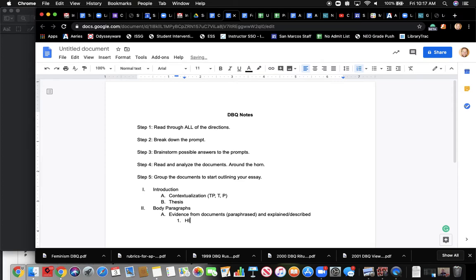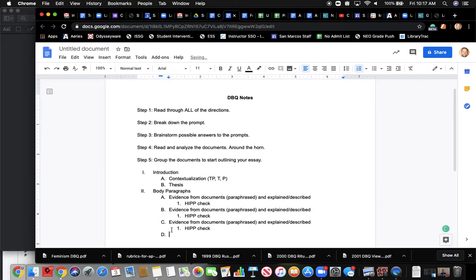You're then going to try to do your HIPP check if you can for your pieces of evidence. And again, this is just what you try to do. Now, if you do a HIPP check for your first 2 pieces of evidence in your first body paragraph, then maybe your last piece of evidence is just described. You then have your second body paragraph, at least, and you're going to do the same exact thing.